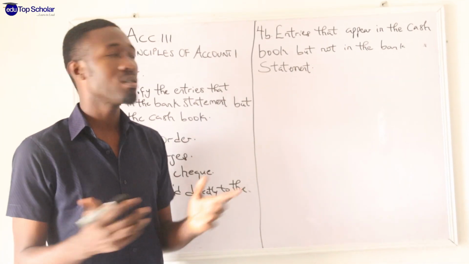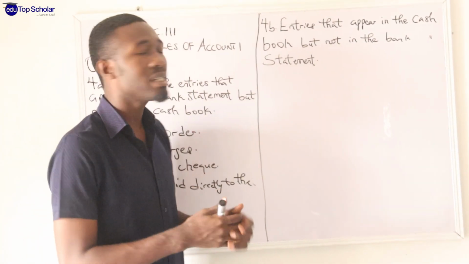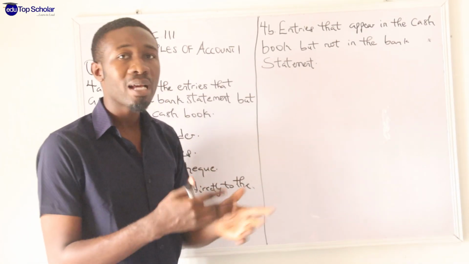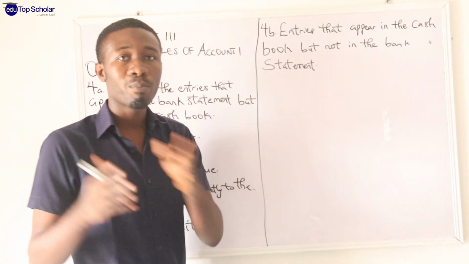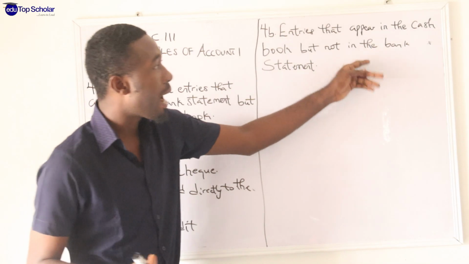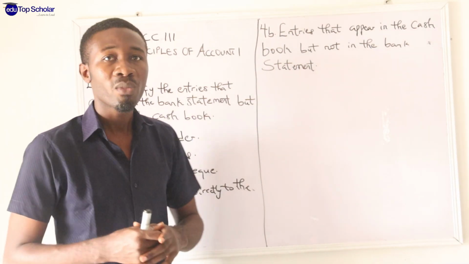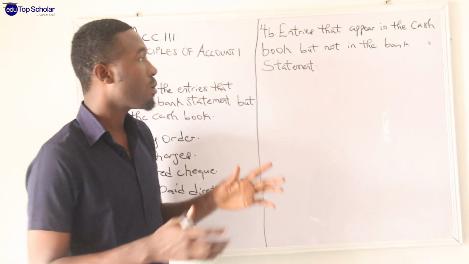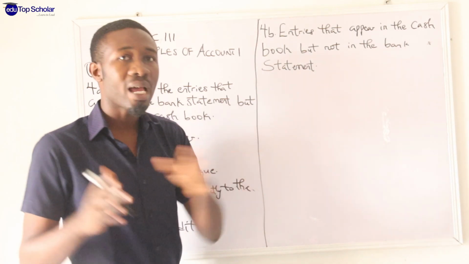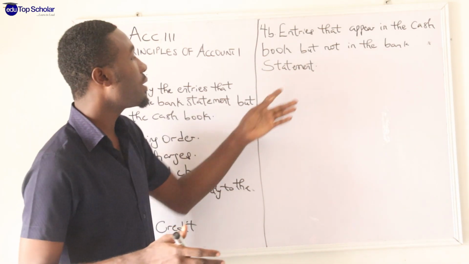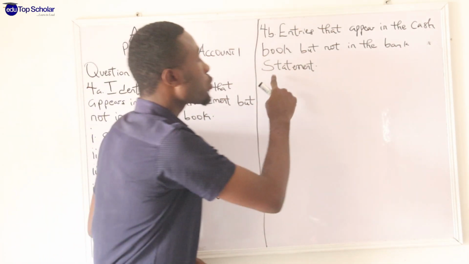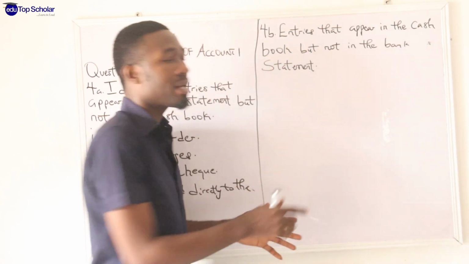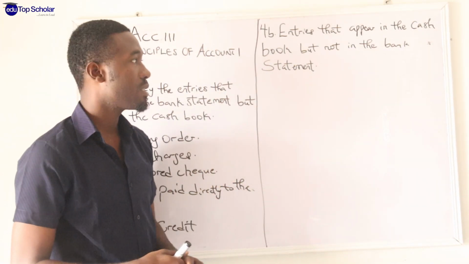So it can cause a difference between the balance in your cash book, that is the bank side of your cash book, and the bank statement. Normally the bank side of your cash book should be equal to the bank balance on your bank statement.